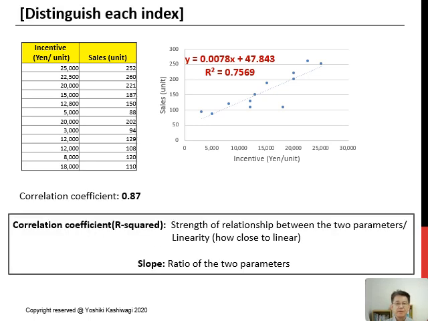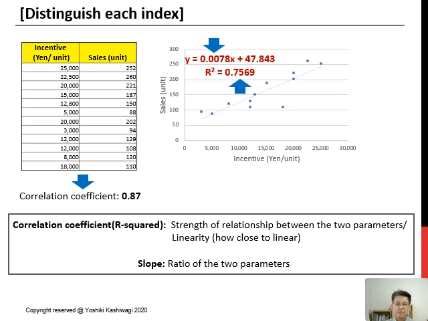Finally, this is a reminder for you because they are very confusing. What does it mean? If you look at these numbers: first, the correlation coefficient; the slope in the formula, in this case 0.0078; and R-squared.